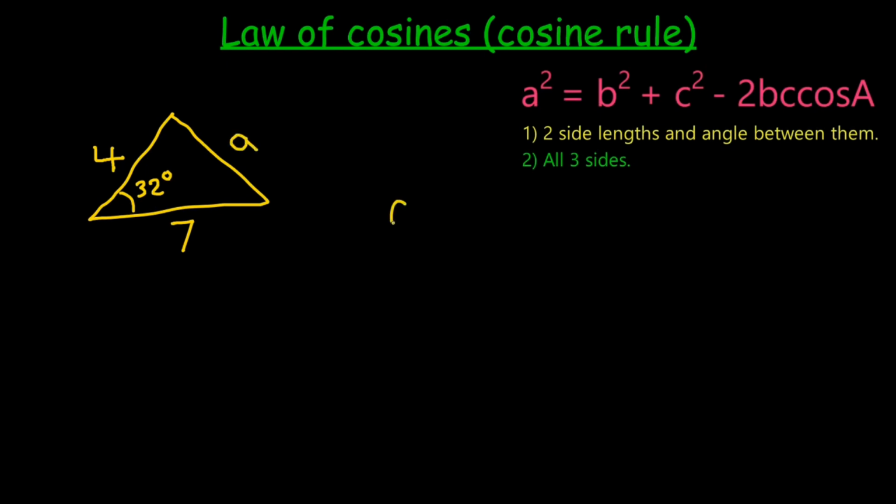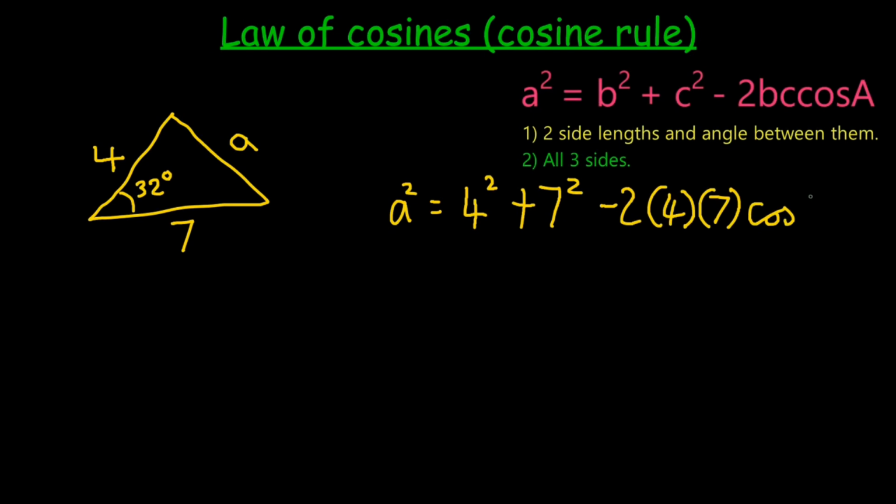We will say a squared is equal to 4 squared plus 7 squared minus 2 times side length b, which is 4, times side length c, which is 7, multiplied by the cosine of angle A, which is 32 degrees.